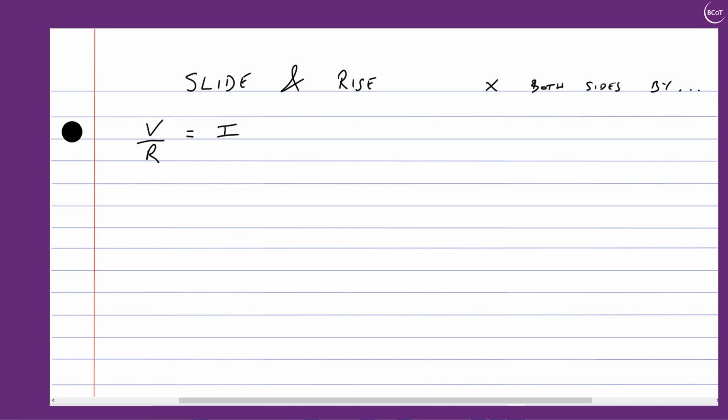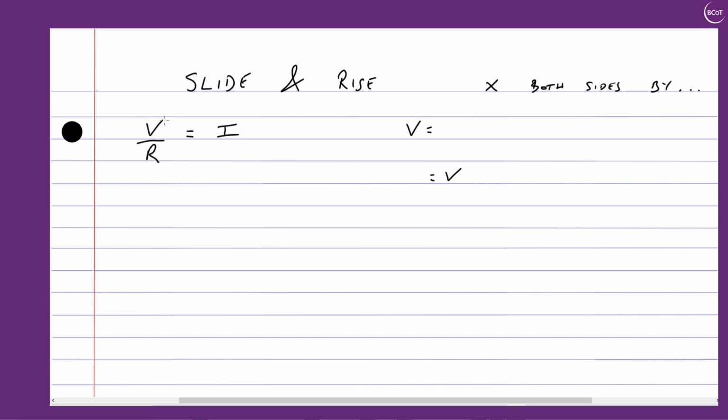You'll be using that throughout this unit 661. So imagine we want to make V the subject. So we want to get V equal to something, or we want to have something equals V. That means V is the subject because V's on its own. He's Billy no mates, he's on his own, and that means it's the subject of the equation or formula.